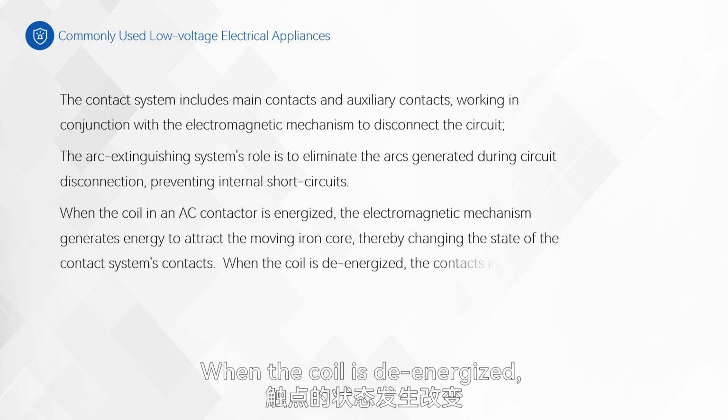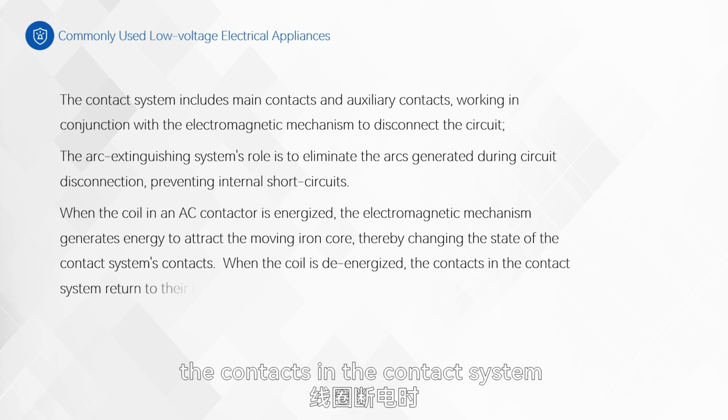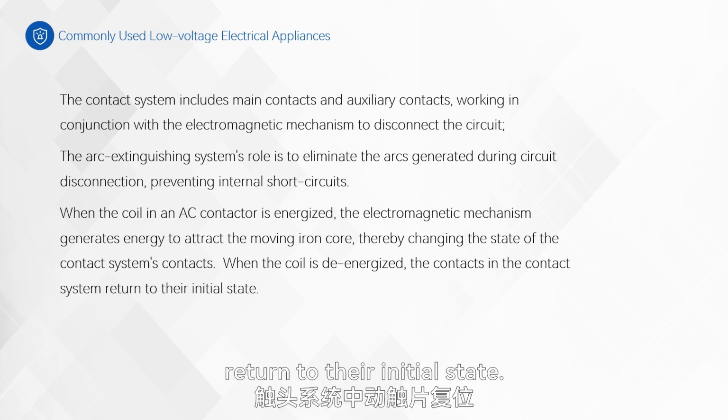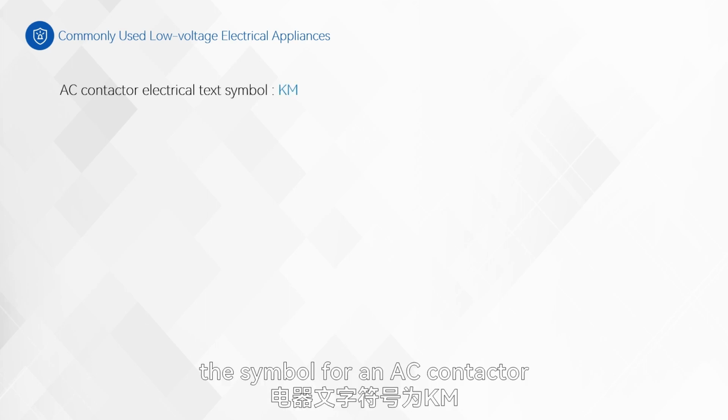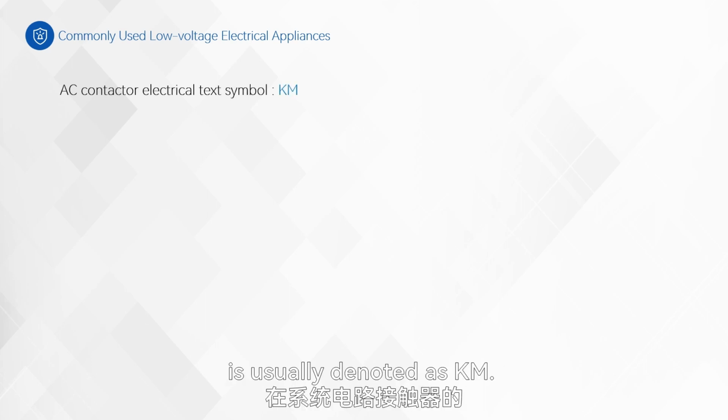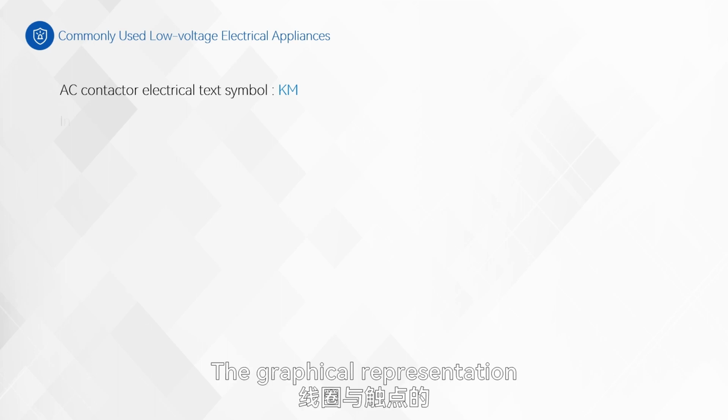When the coil is de-energized, the contacts return to their initial state. In electrical diagrams, the symbol for an AC contactor is usually denoted as Km. The graphical representation of the contactor's coil and contacts is shown as you can see.